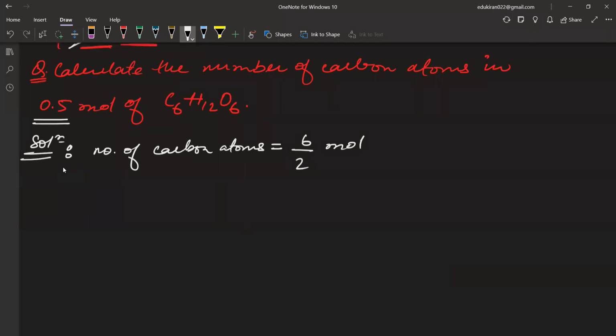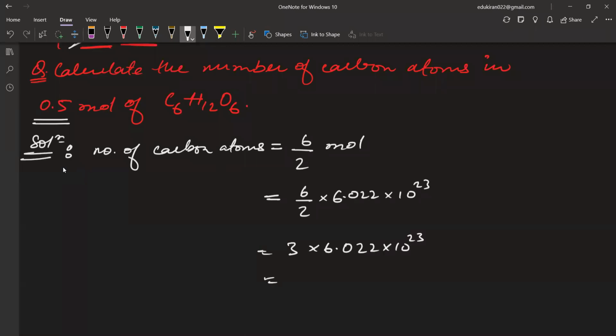Now, what is 1 mole? What is 1 dozen? 1 dozen is 12. 1 mole is 6.022 into 10 to the power 23. So you will get this as 3 into 6.022 into 10 to the power 23.